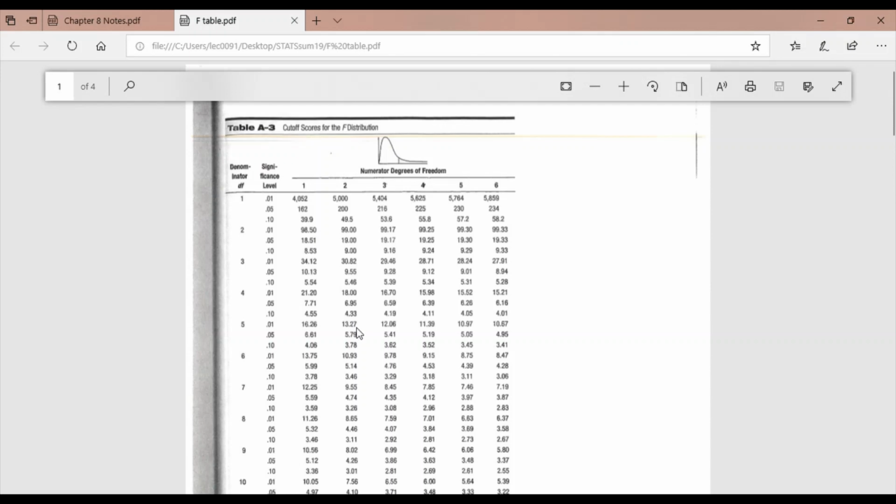So we want to look at this column and this row, but specifically you see that we have our significance levels of 0.01, 0.05, and 0.10. So we want to use the 0.05 level for 6 and 2 degrees of freedom. So our F critical value, or our cutoff value, is 5.14. We calculated our F statistic to be 3.31.